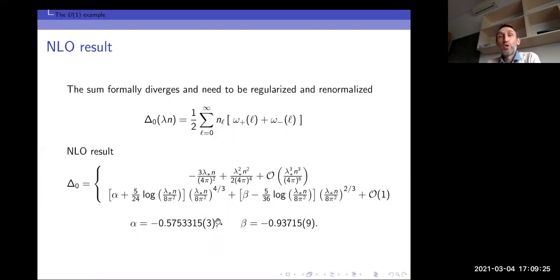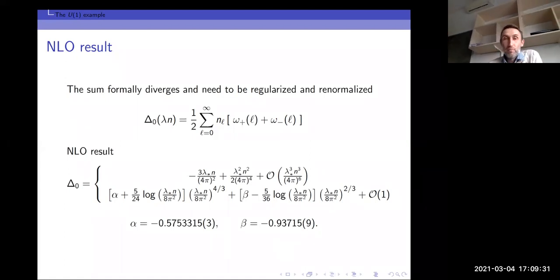Let me just state without proof the NLO result. The expression would be quite long to write here on the slides, but taking the expansions again in the large and small charge limits: in the small charge limit, you'll find the next-to-leading order corrections to a perturbative expansion around the uncharged vacuum, not surprisingly.